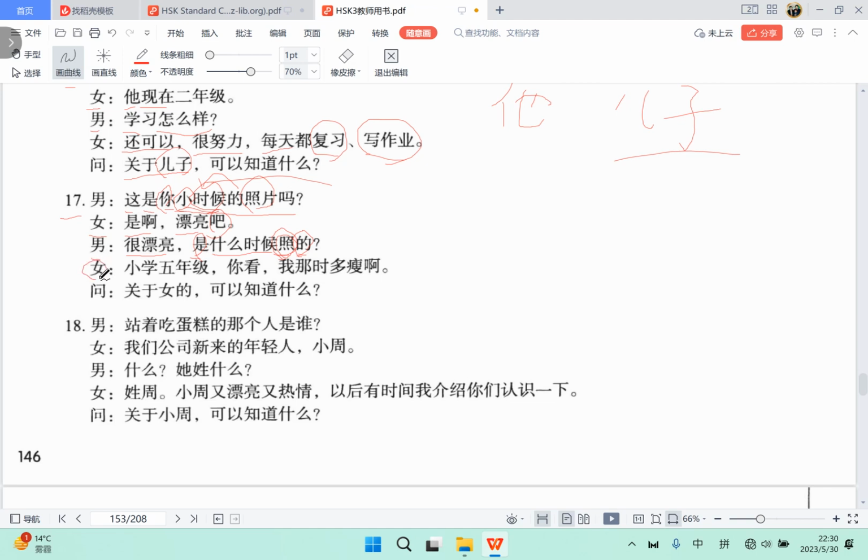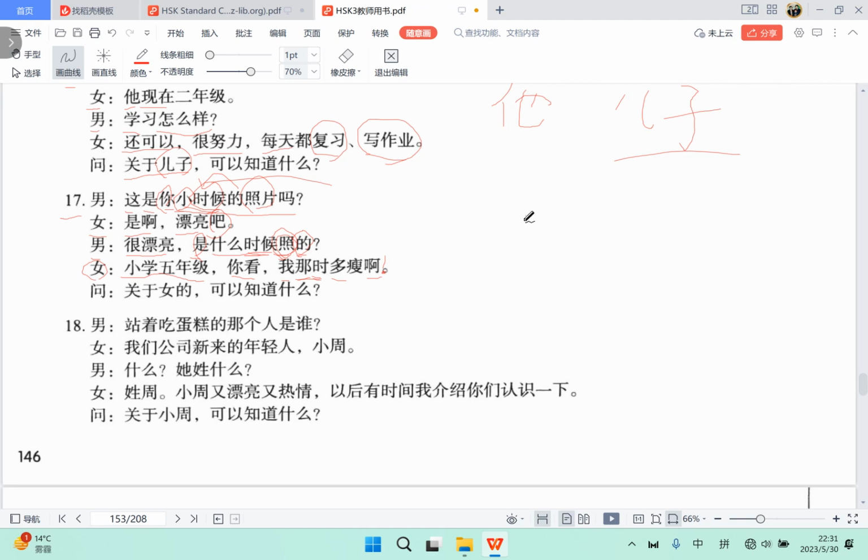Okay, and the reply: 小学5年级, so the 5th year of primary school. 你看 look, 我那时, so 那时 that moment. 时 is short for 时候, so 时 is that moment, and sometimes we also say 那时候, that moment. That's the complete structure. 多瘦啊, 多什么什么啊 is like 'how what', and the mark should be changed. It should be a little bit surprised.